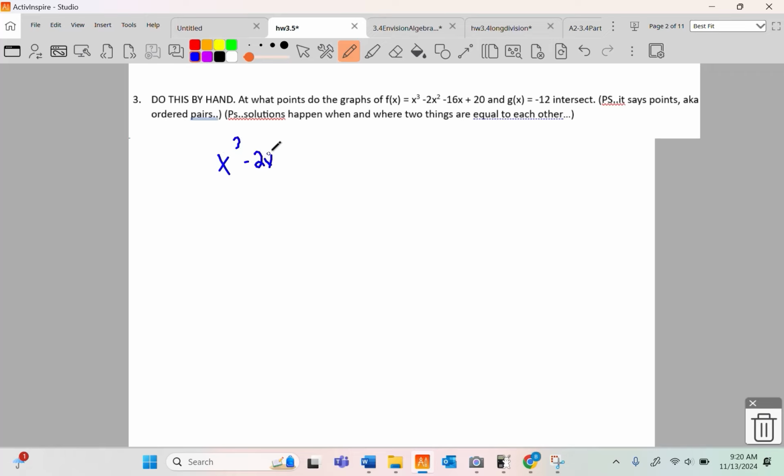Two things intersect when they are crossing paths or when they are equal to each other. We're going to move that 12 back over because by and large we want to be set equal to 0 in Algebra 2. That's what Algebra 2 does. It sets everything equal to 0. And 20 plus 12 is 32.